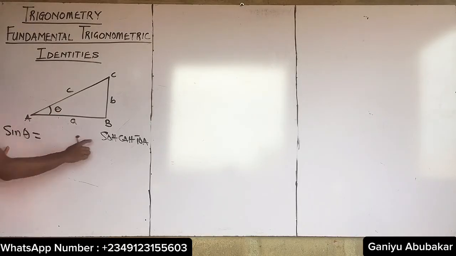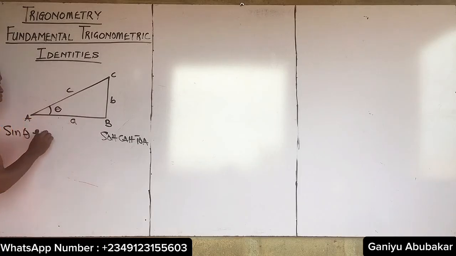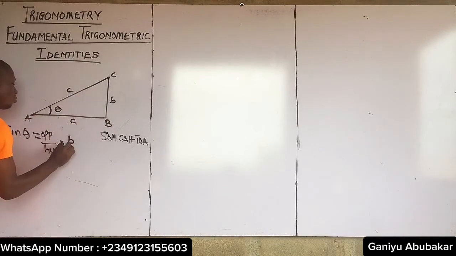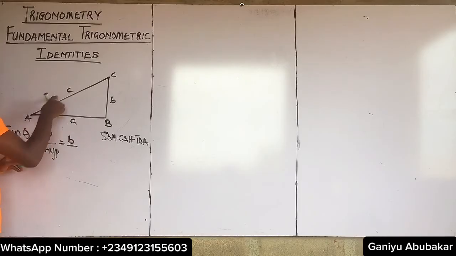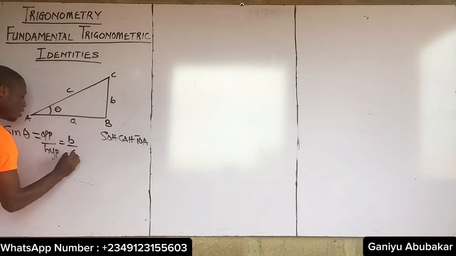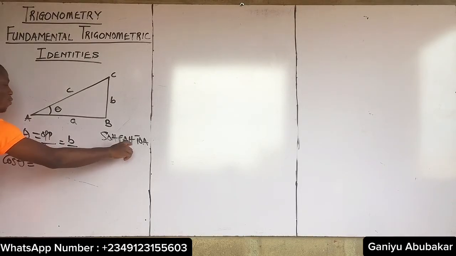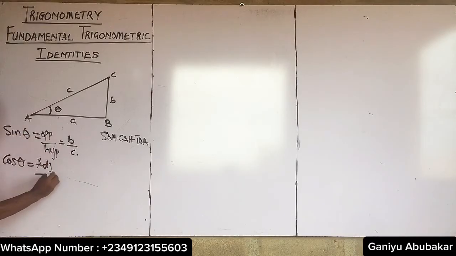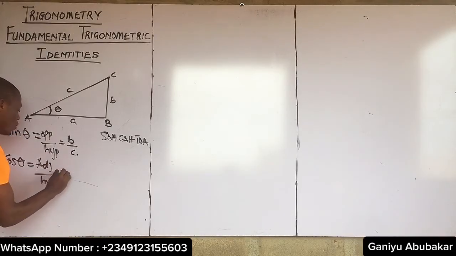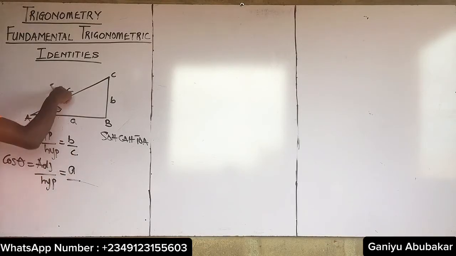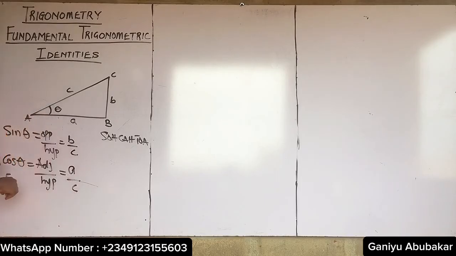Sine theta is equal to opposite over hypotenuse. What's my opposite? Where the angle is facing, that's B. Hypotenuse is C, the longest side. So sin theta is B over C. Also cos theta is equal to adjacent over hypotenuse. What's my adjacent? This baseline here, that becomes A, all over hypotenuse, the longest side, always constant, C.